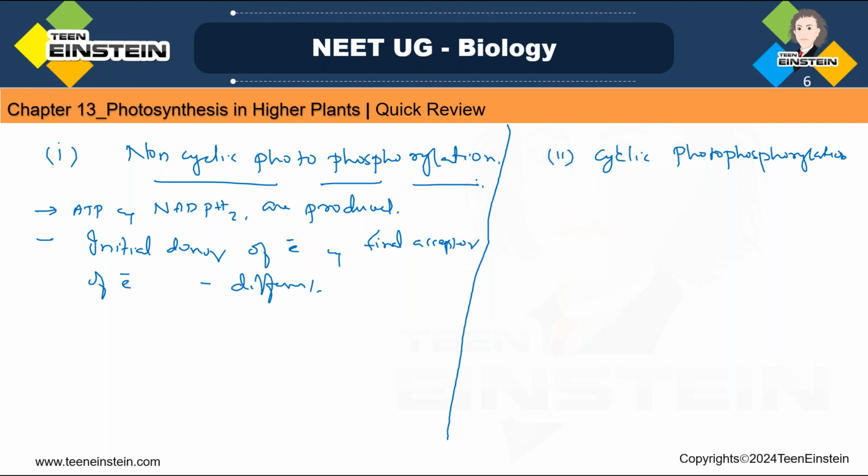Okay, after the illumination of PS2 or photosystem 2, the released electron is passed to PS1 through different electron carriers.